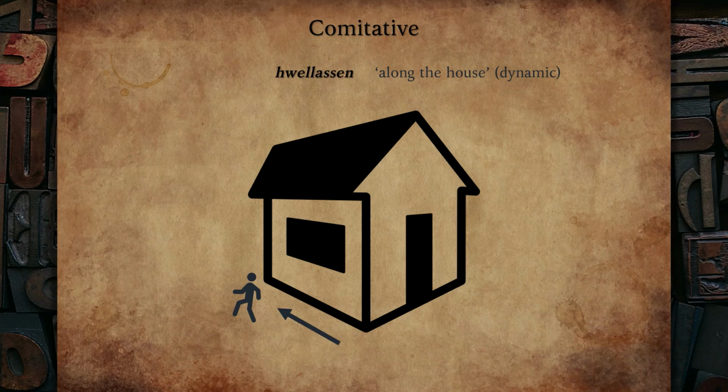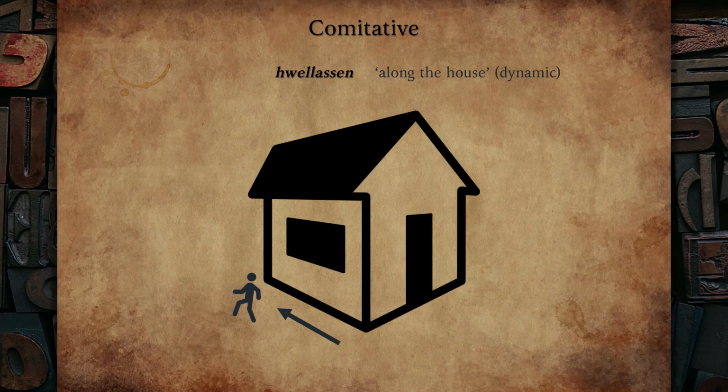But we have a dynamic along the house, so we move along the house. And in contrast to the accusative, we don't have any indication that the entity passes the house, right? So a better example might be walking along the road, right? Because we don't pass the road. We don't say we're passing the road when we walk along the road.